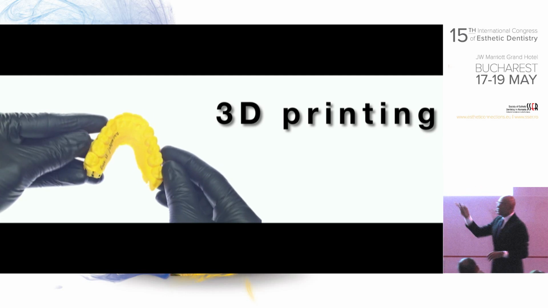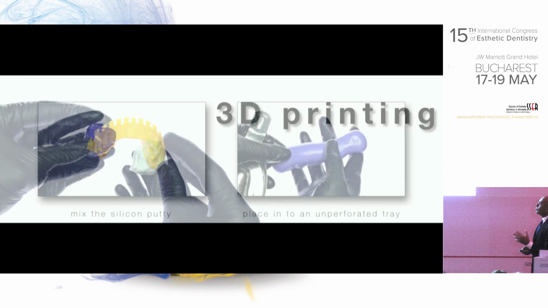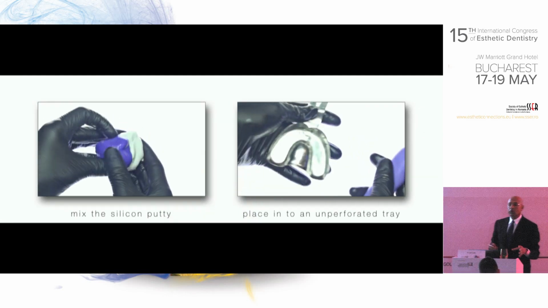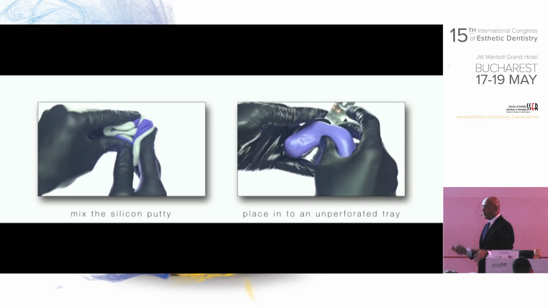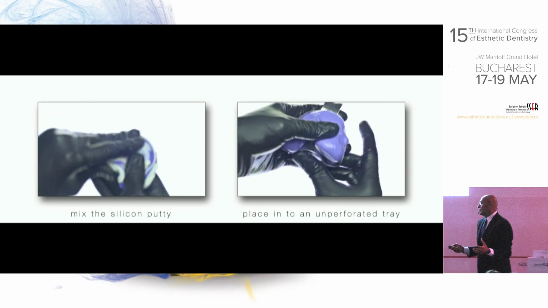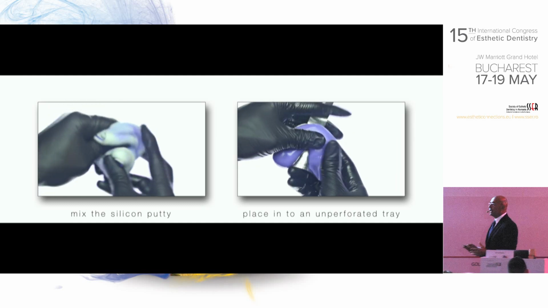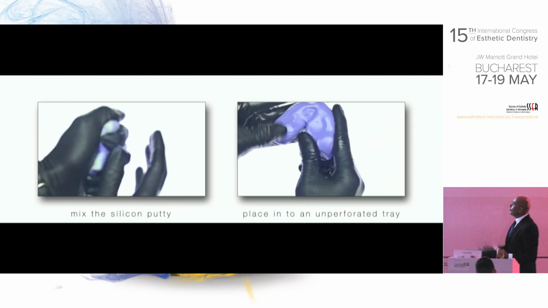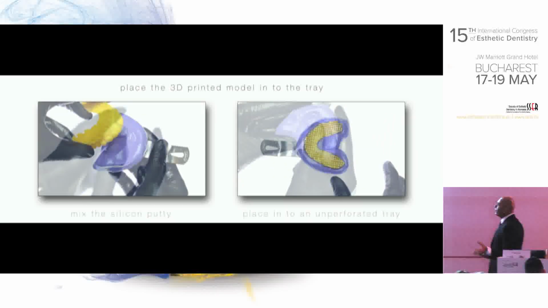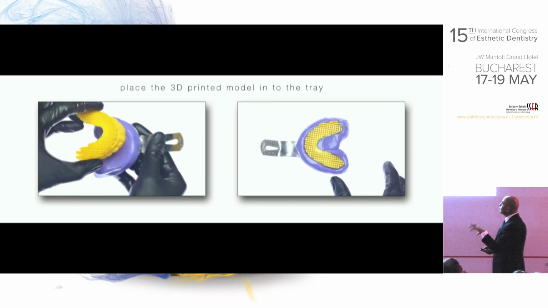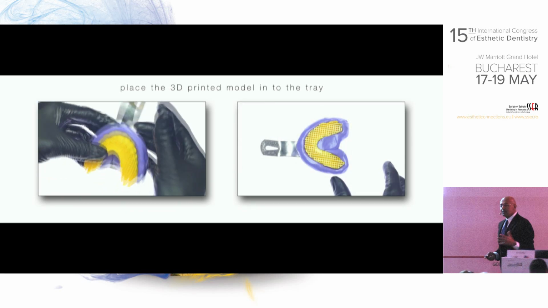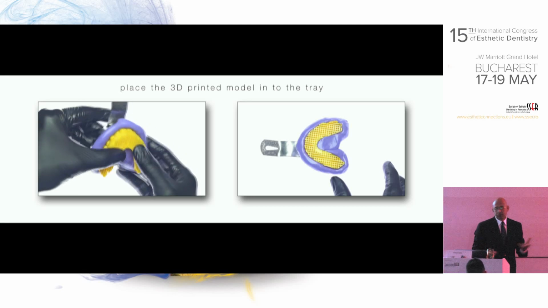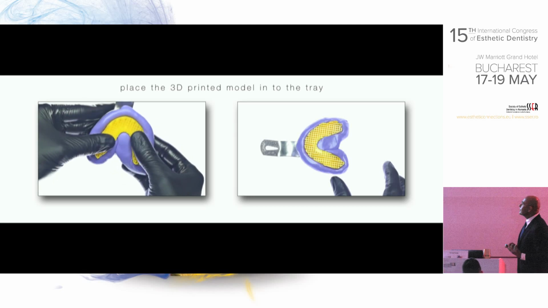And then here, what you have to do is to make an impression of this 3D wax-up, just as if you received a normal wax-up from the laboratory. So you position it on your tray, you dip this impression into the tray. Better not to have a perforated tray so you can pull it out easily.